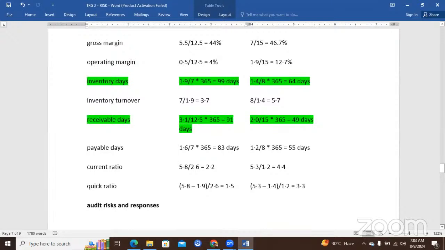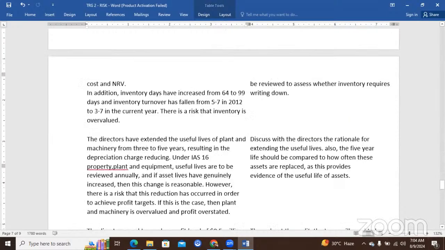All this shows this entity is facing significant doubt over going concern. There is a material uncertainty over going concern. So if there is any material uncertainty over going concern, sufficient disclosures need to be made.